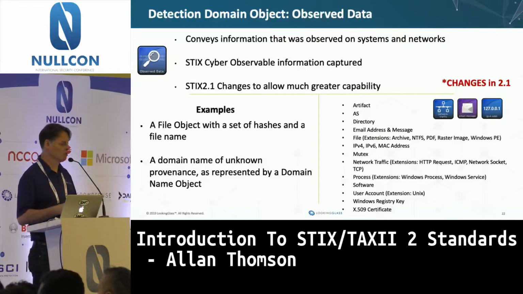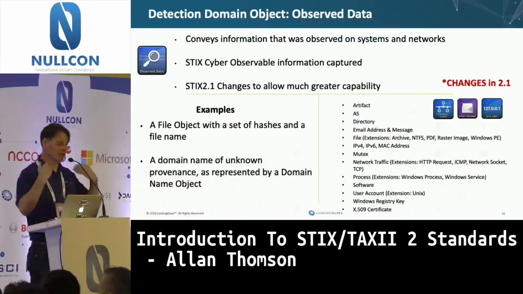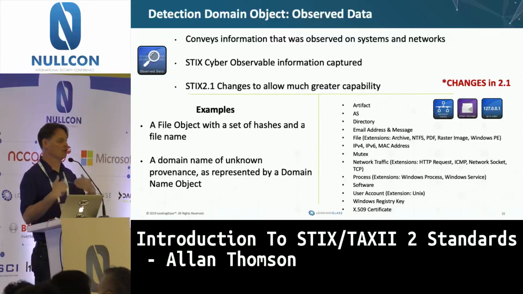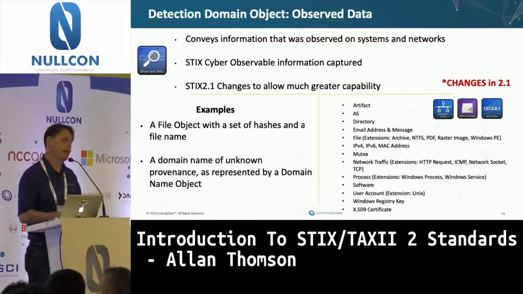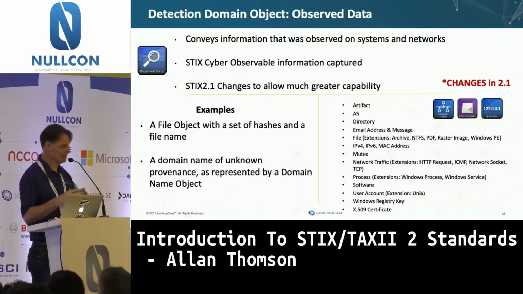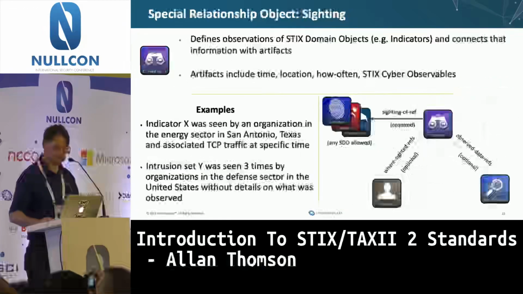Now, in STIX 2.1, this is substantially changing to allow you much more flexibility. It's a fairly advanced topic, but the reason it's being enhanced is that organizations wanted to represent those individual facts directly related to other data, and STIX2 didn't allow that.